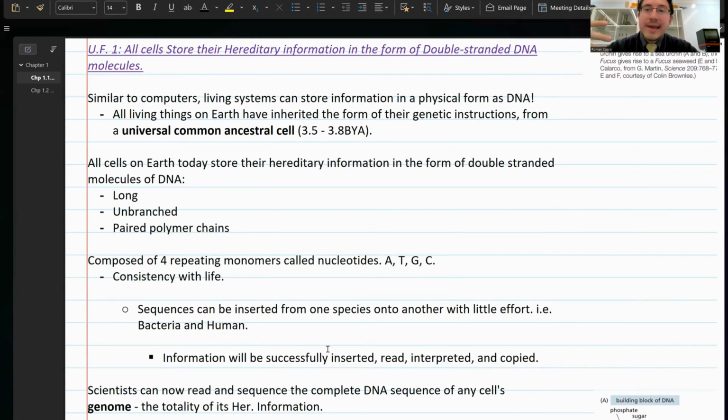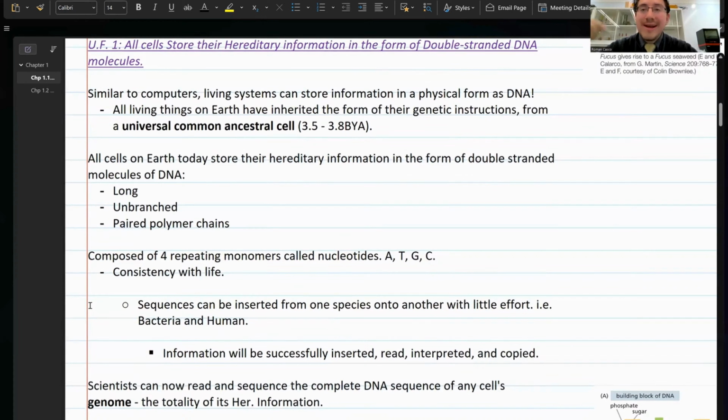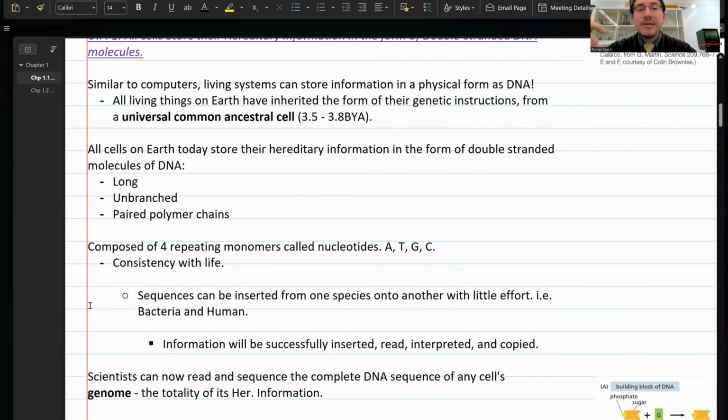Just like computers can, let's say, a USB drive or a floppy disk or a disk in general. Living systems have their own form to store information, which we know as DNA, right? So all living things on Earth have inherited the form to have their genetic information in some physical way.